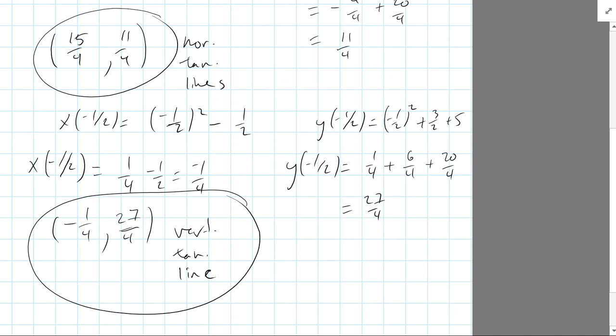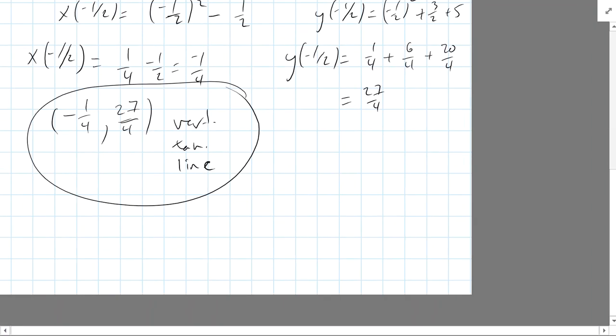Okay, last kind of problem. This is for arc length.